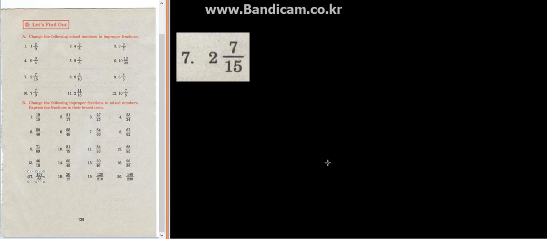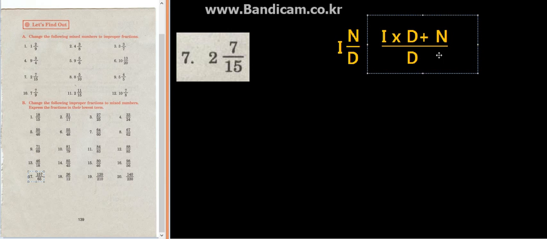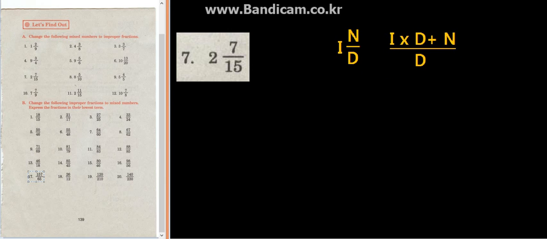First, part A. In problem number 7, we have to change the following mixed number to an improper fraction, and this is the equation. Integer plus numerator over denominator, and you can change it to the improper fraction with this equation. I'm first going to solve it the sophisticated way, as fast as I can.